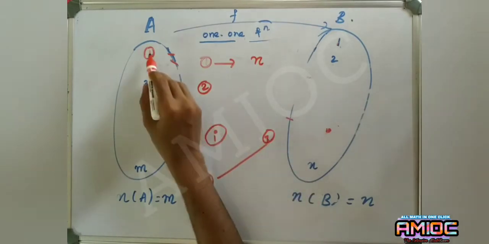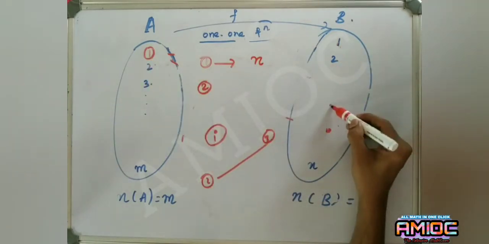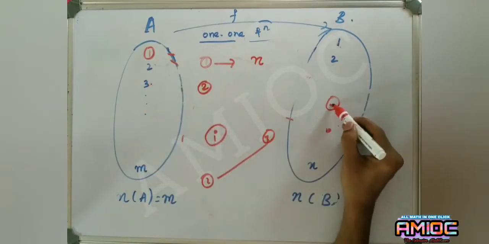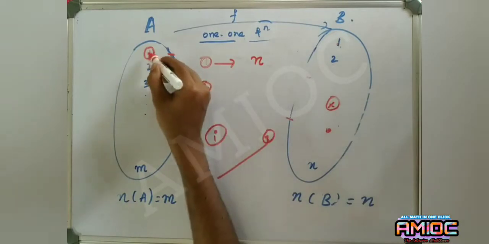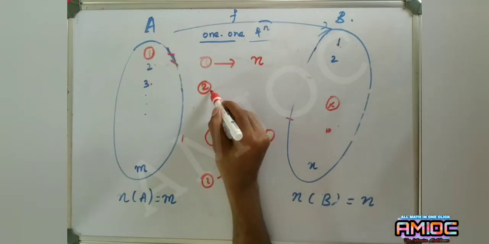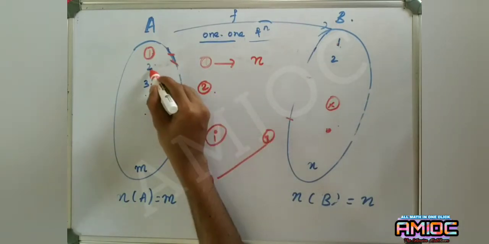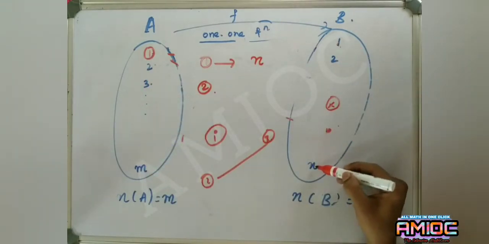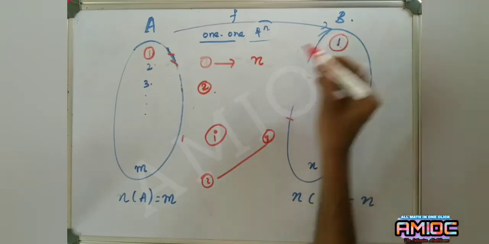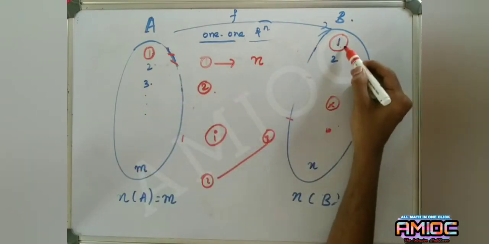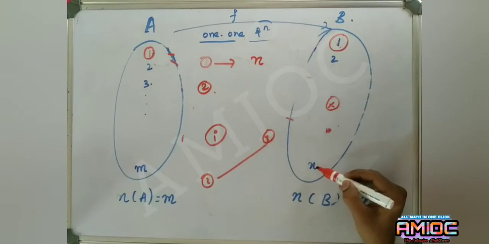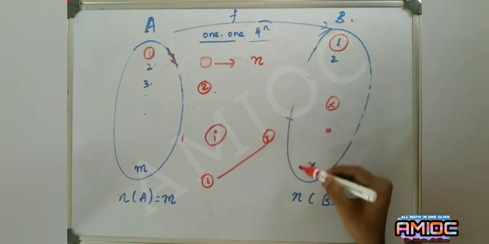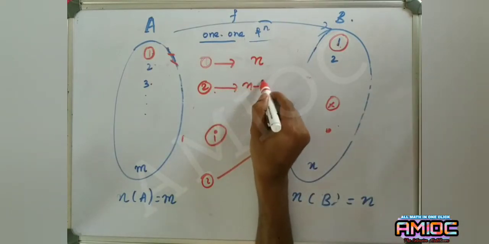That means, if 1 maps to any of these elements, then no other element of this set can be mapped to the point that is mapped by the element 1. Therefore, how many choices does 2 have? Totally the number of elements is n, and 1 is mapped to one element. Therefore, 2 can be mapped to the elements of this set other than that one. Therefore, the total number of choices is n minus 1.